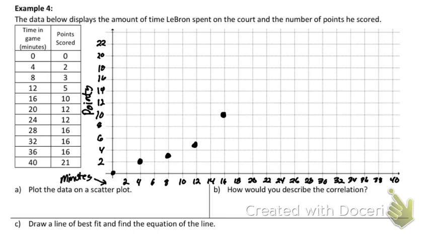What's the next one? 20, 12. 24, 12. 28, 16. Looks like 32, 16. 36, 16. And finally, 40 is 21.